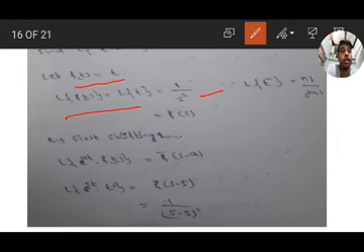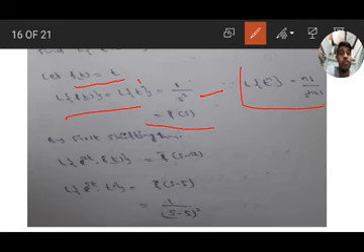The formula for t to the power of n is n factorial by s to the power of n plus 1. Where n equal to 1, t to the power of 1 is t. So 1 factorial means 1 by s to the power of 1 plus 1, means 1 by s square, that is f bar s. So L of f of t equal to 1 by s square, that is f bar s.